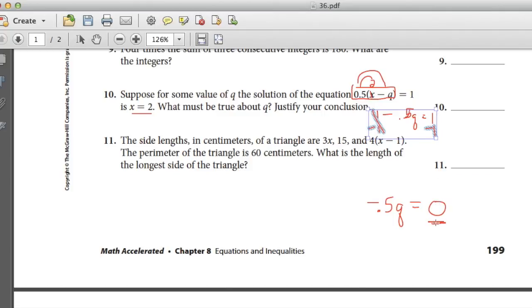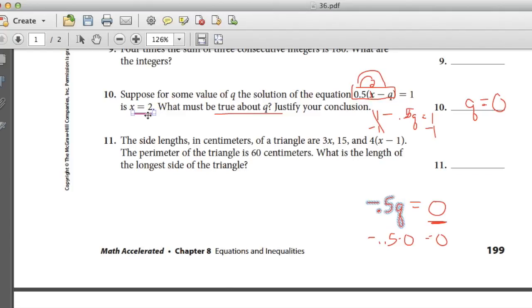Well, in order for the product to be 0, one of the factors in the multiplication problem has to be 0. In this case, negative 0.5 times 0 equals 0. So what must be true about q? q has to be equal to 0 in order for 2 to be a solution.